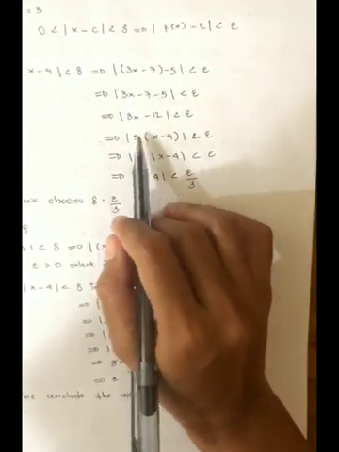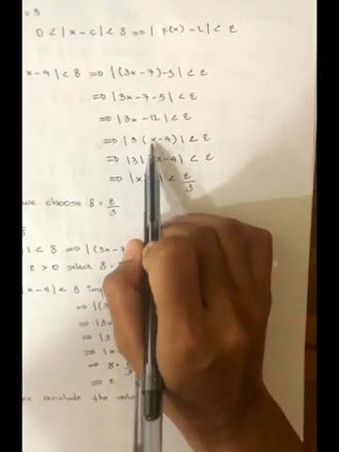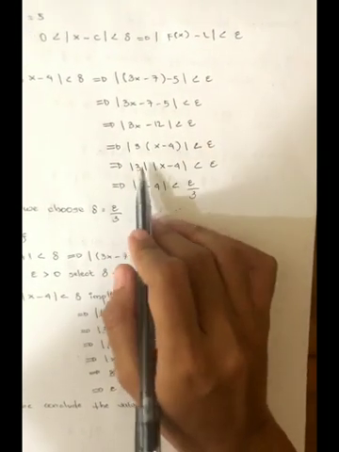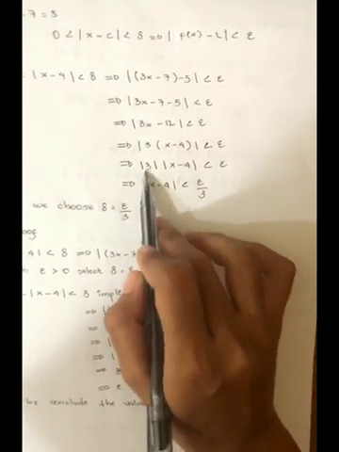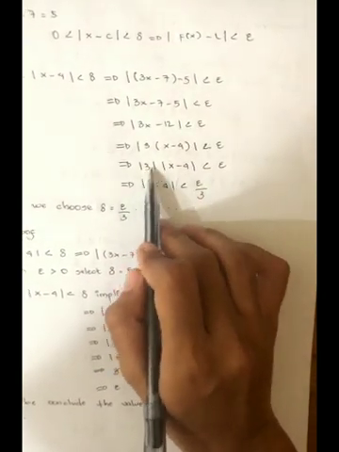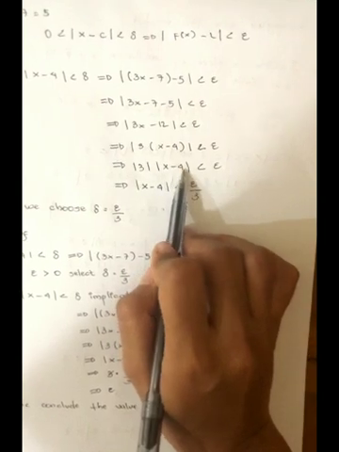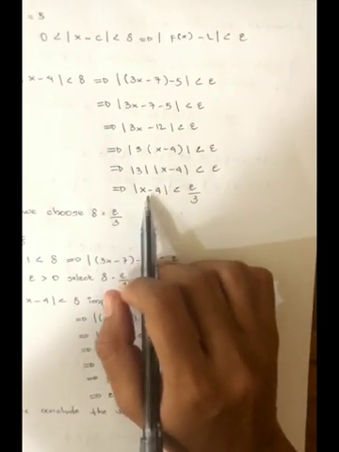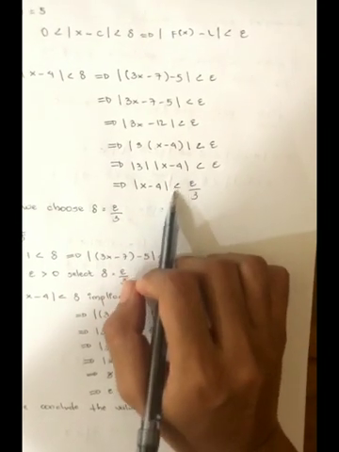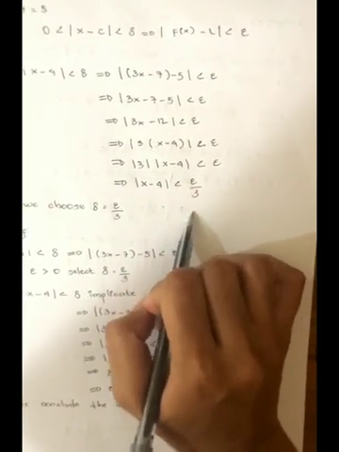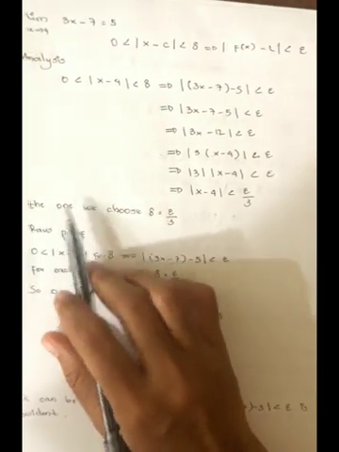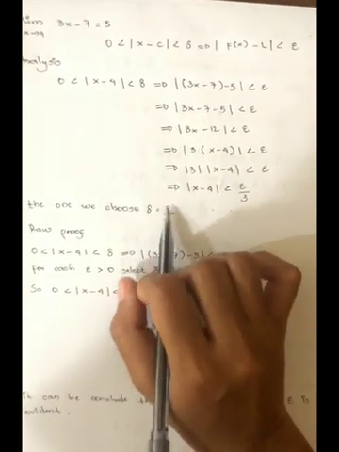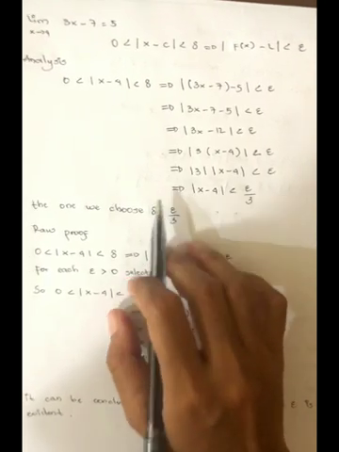Make it into factorization: 3 times |x minus 4|. Separating it, absolute 3 and absolute x minus 4 is less than epsilon, and the value of |x minus 4| is less than epsilon over 3. So the delta we choose is epsilon over 3.